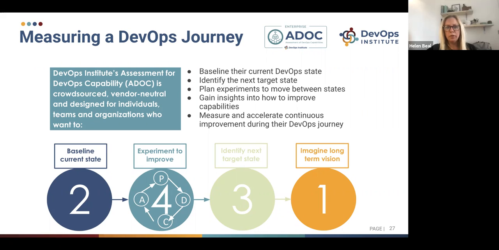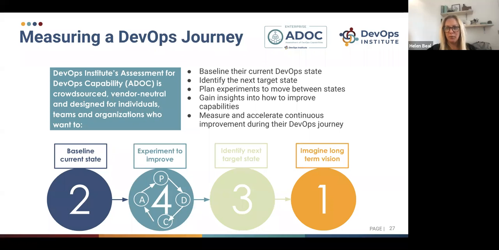But one of the things that organizations can do is use an assessment tool. And assessment tools allow people to understand what their current state is. And the answer to where do I start with DevOps is always start where you are. It doesn't matter if you're completely greenfield, never heard of it, or you think you might have been doing some bits of it for quite a while, but haven't been calling that, or you've been doing DevOps for a while, but you want to accelerate it.